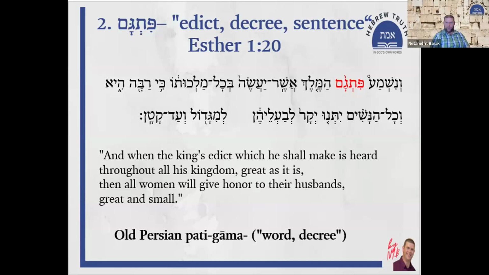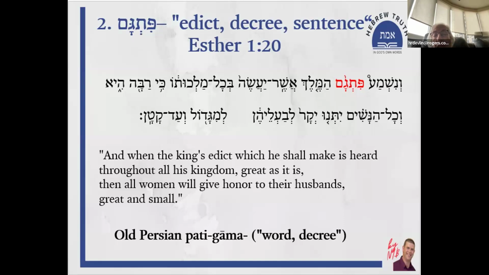Pitgam is another Persian word. Let's read this verse. Go ahead, Rosalind. ונשמע פתגם המלך אשר יעשה בכל מלכותו כי רבה היא, וכל הנשים ייתנו יקר לבעליהם למגדול ועד קטן.